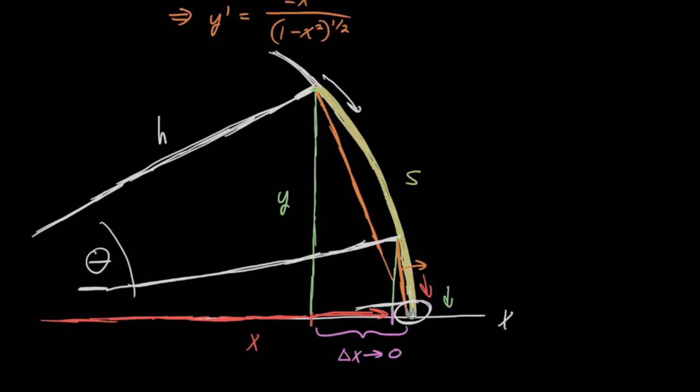If we can come up with a formula that encapsulates this area right here, which happens to be a right triangle, and we take the limit of those variables as delta x approaches 0, we will be left with the differentials. And if we integrate those differentials along this domain right here, the x-axis, what we'll essentially be doing is integrating that function as the hypotenuse etches out this line S right here. If we sum all those infinitesimals up, what we're left with is a numerical value for the arc length.